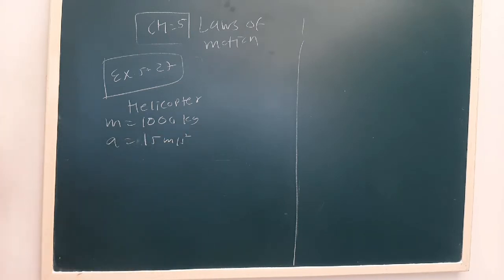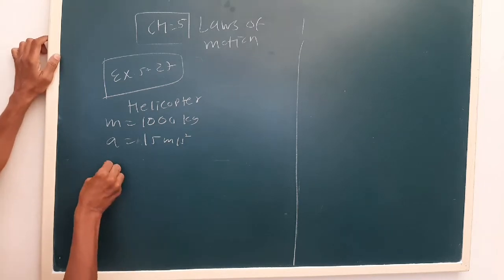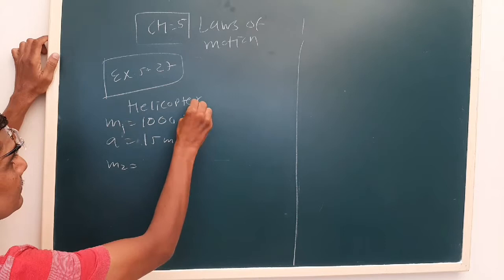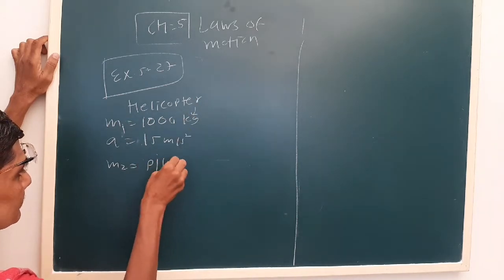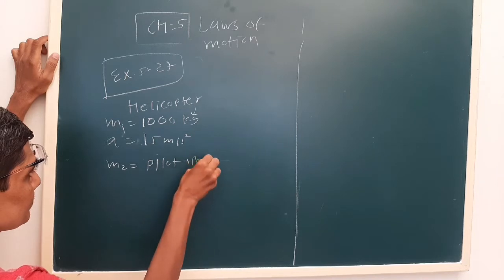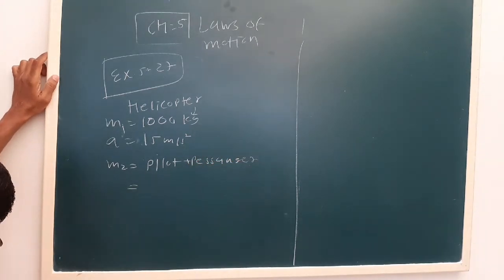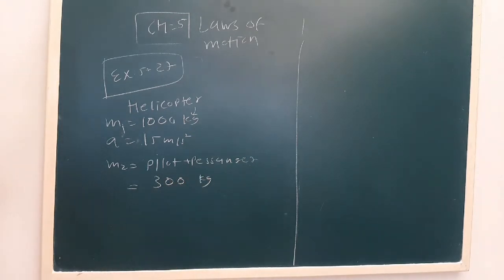Now see, the total mass, this is m1, of the pilot plus passengers is given as 300 kg. We have to calculate force in different conditions.